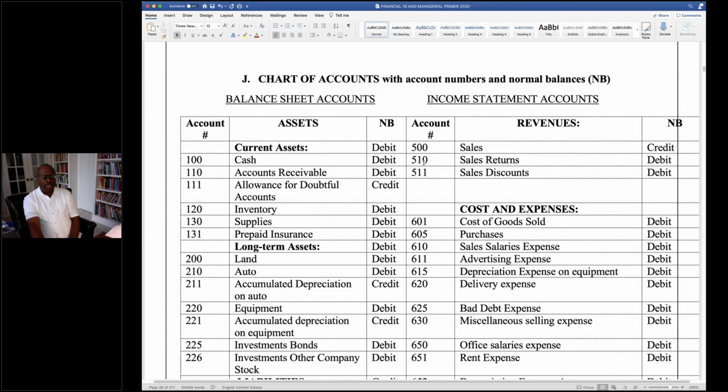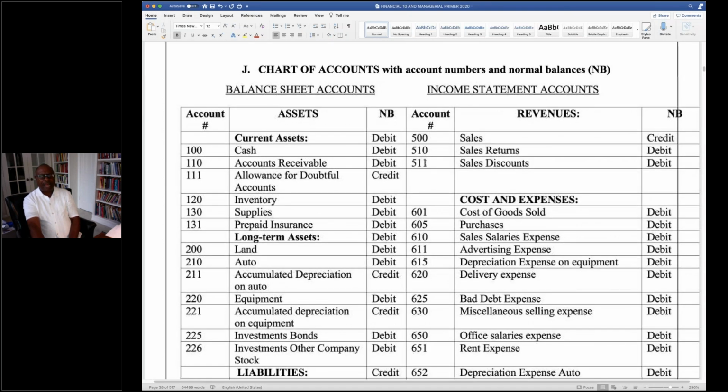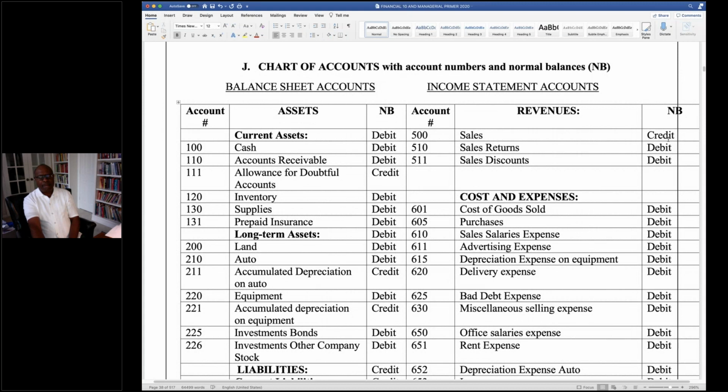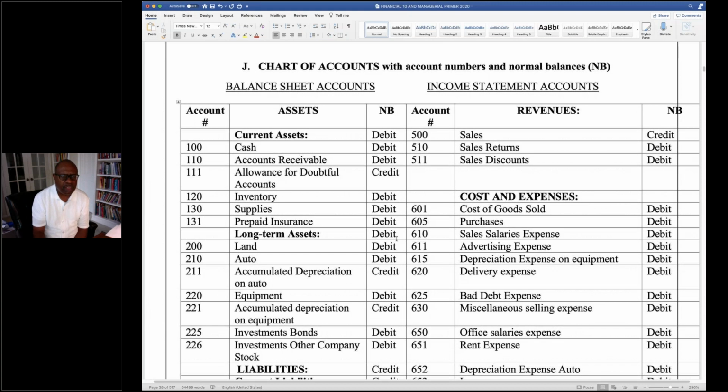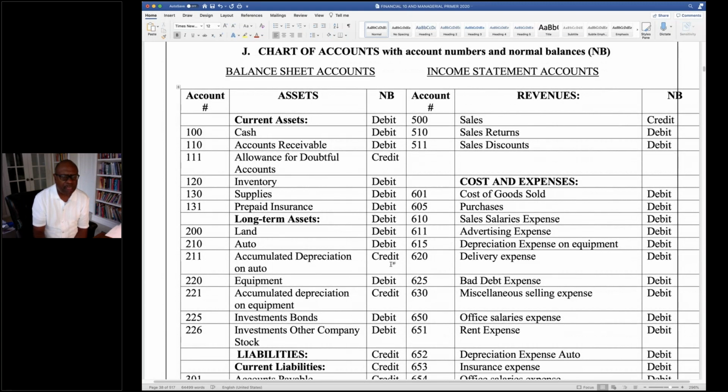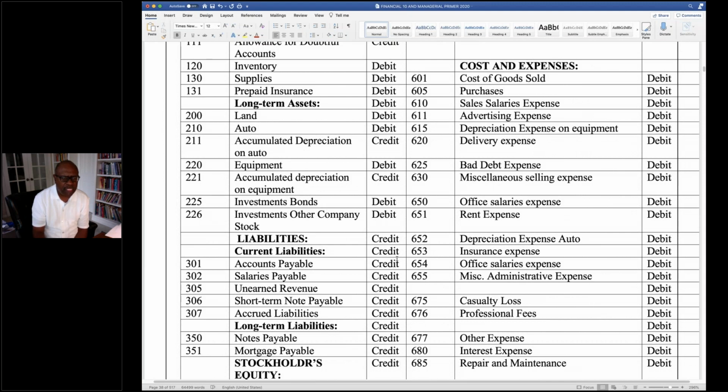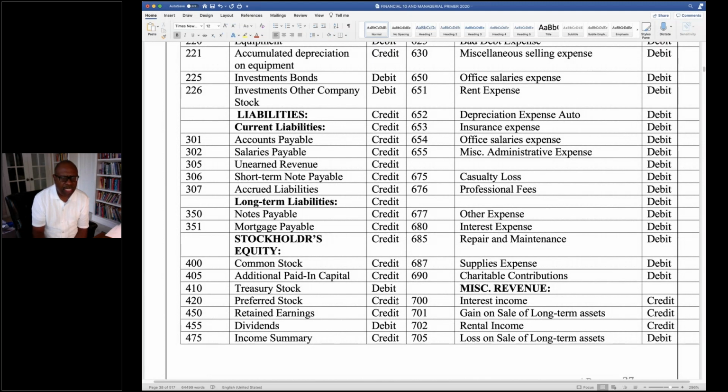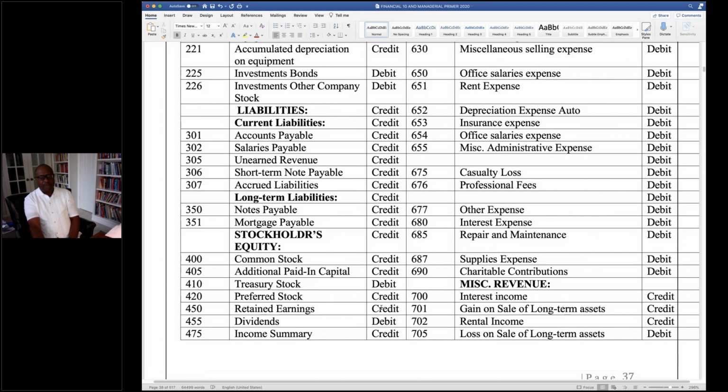So when you prepare a trial balance, these NBs tell you what the balance in those accounts should be. Assets in general should have debit balances. We do have some contra assets with credit balances, but they should have debit balances. Liabilities, credit balances. Dividends, debit balances. Retained earnings, if the company is doing well, has a credit balance. If it's not doing well, it has a debit balance.